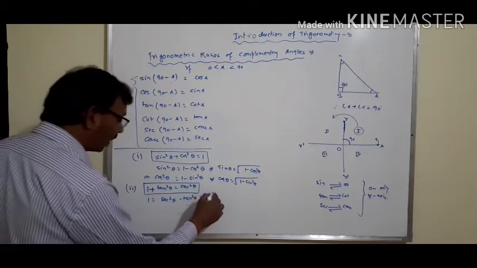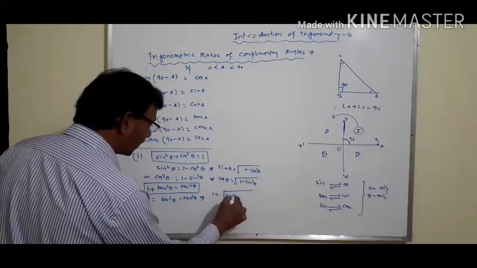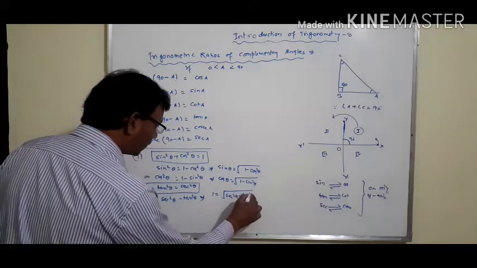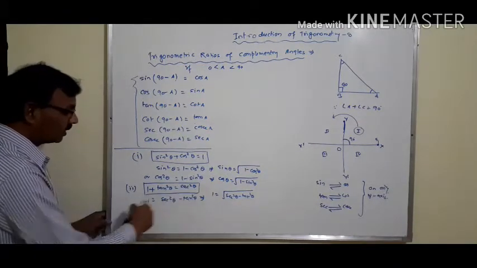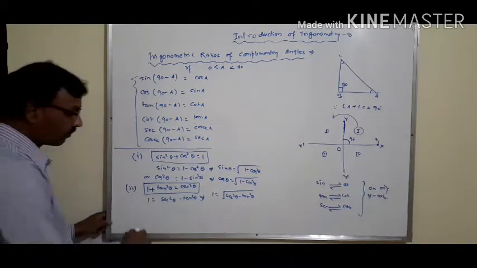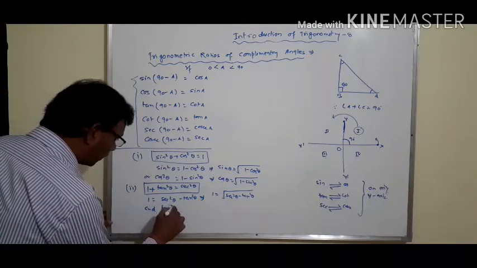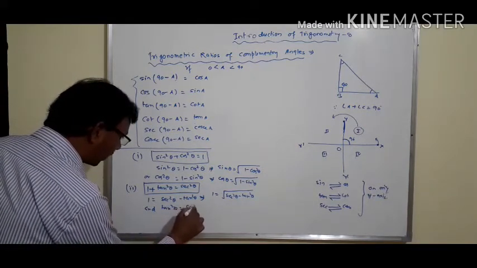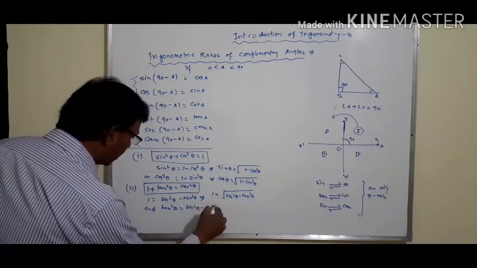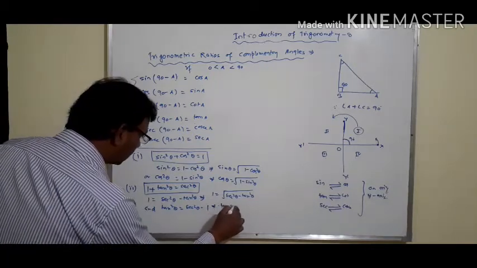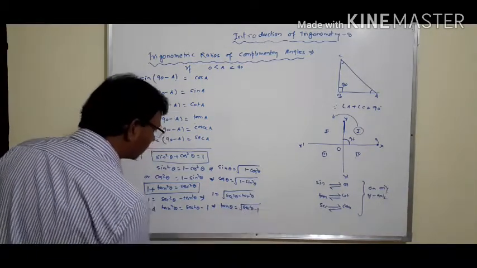And tan square theta equals sec square theta minus 1, which implies that tan theta equals root under sec square theta minus 1.